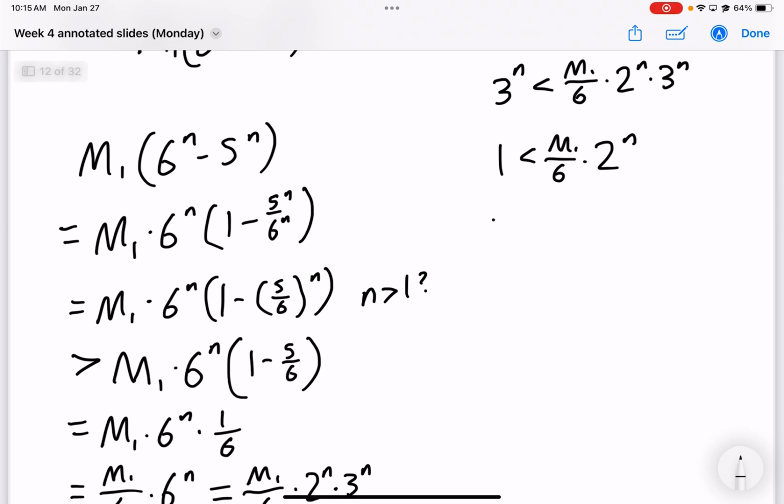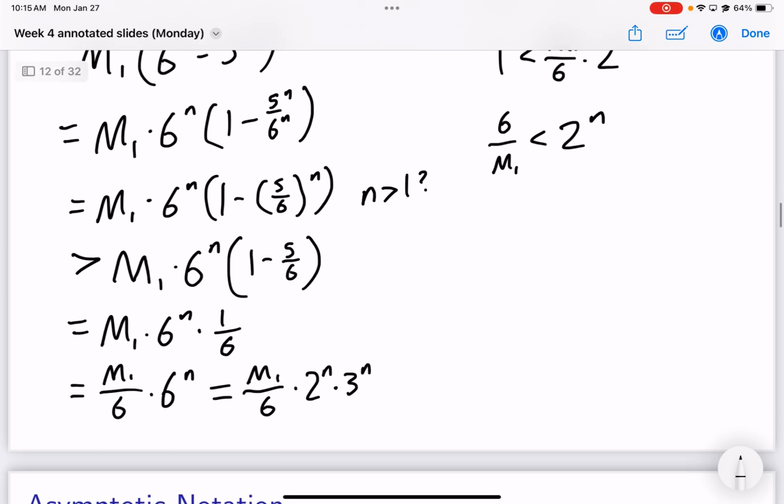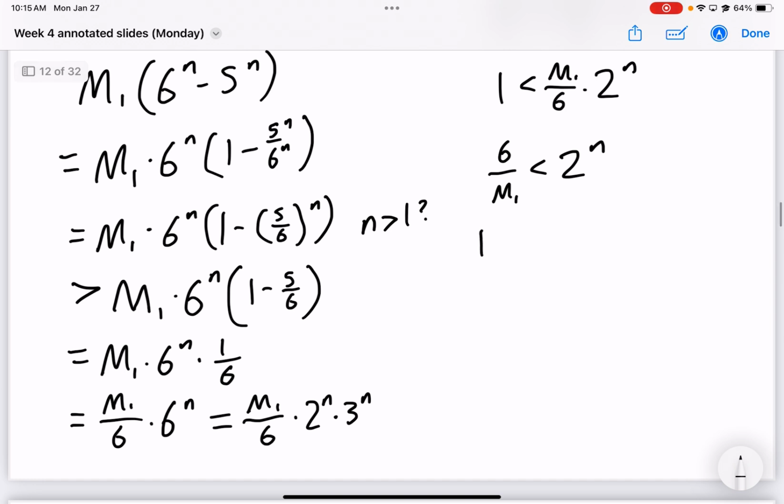But before we do that, I'm just going to divide both sides by m1 over 6, so as to move everything that isn't the exponential function over to the other side. And then take the base 2 logarithm of everything.